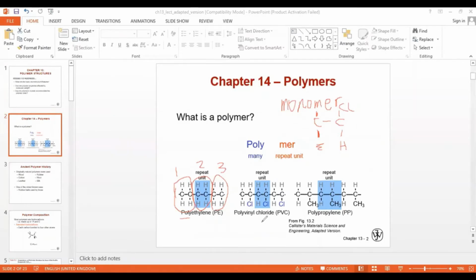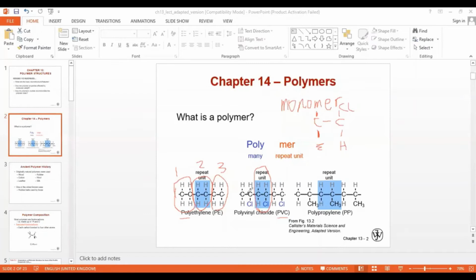And here we have the next diagram. This is polyvinyl chloride, we call it PVC. In this diagram, this blue shaded region is the monomer, which means 2 carbons, 3 hydrogens and 1 chlorine.